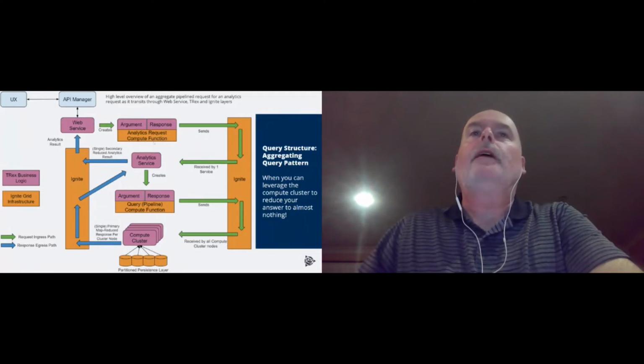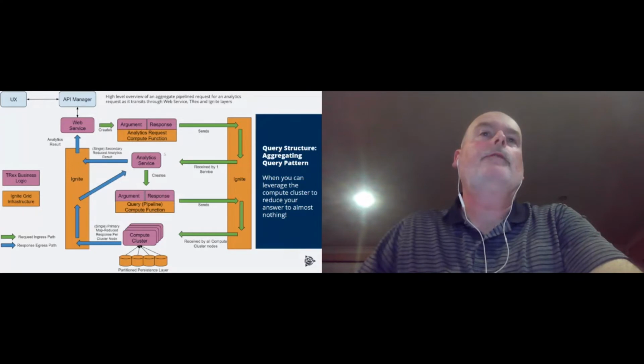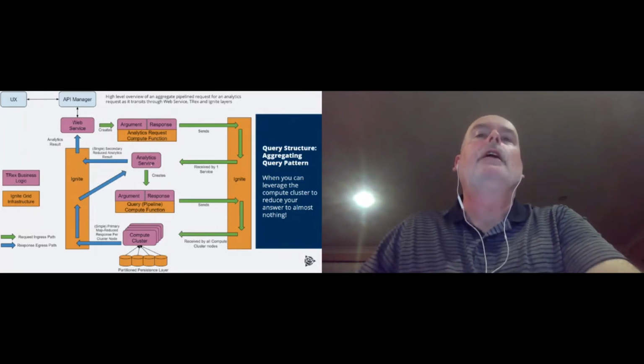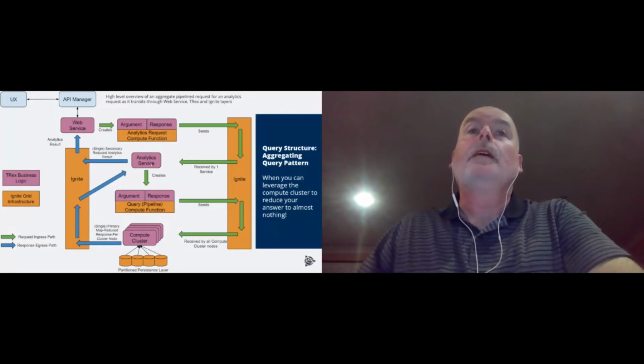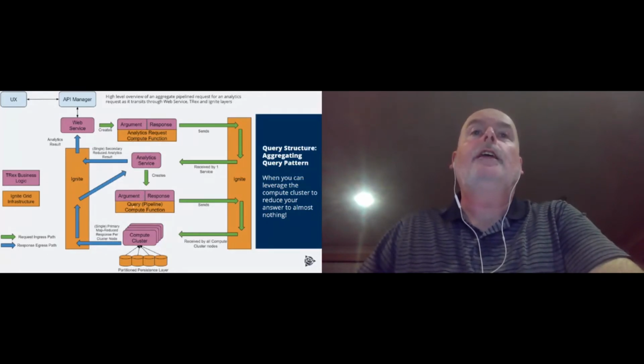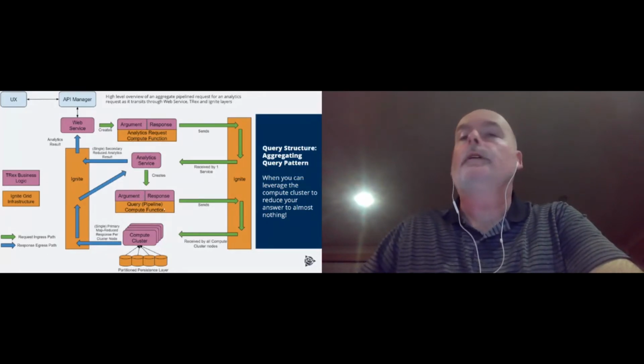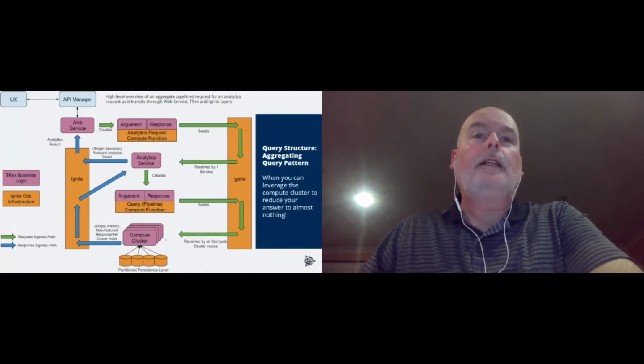This is represented by a request compute function. It transits through Ignite. It comes through to the respective analytics service, so this will be an instance of a volume analytics service. This in turn creates a secondary compute function and sends it down into the compute cluster. This is the place where we have co-located processing.